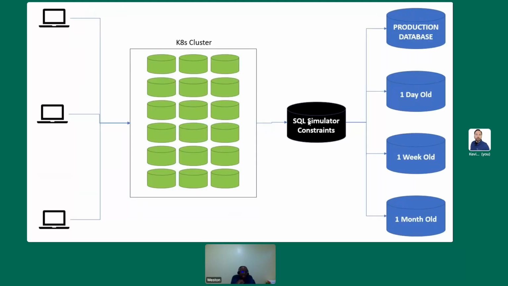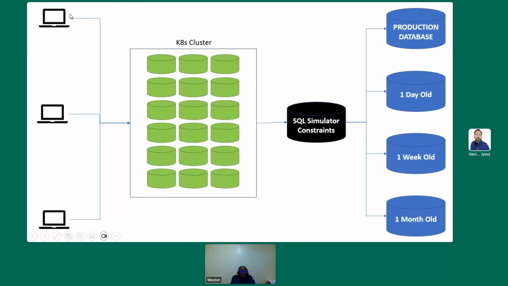On this screen, this is more of the networking aspect. When I talk about the constraints, essentially what I'm saying is that you're going to use the Kubernetes cluster as a database proxy to your production database.